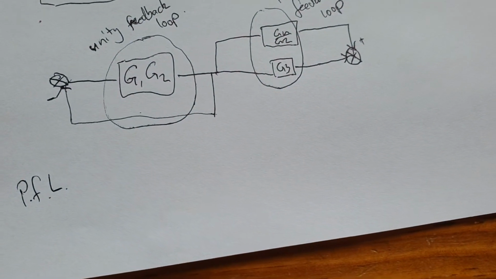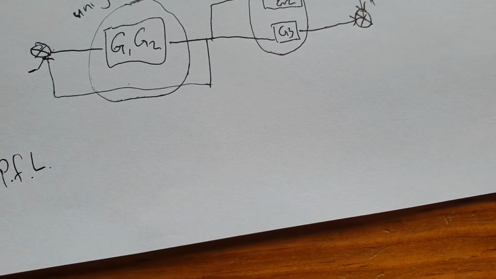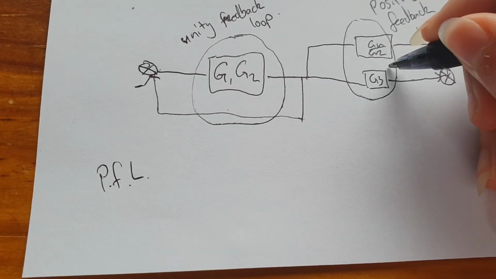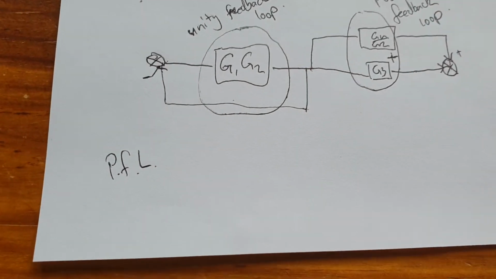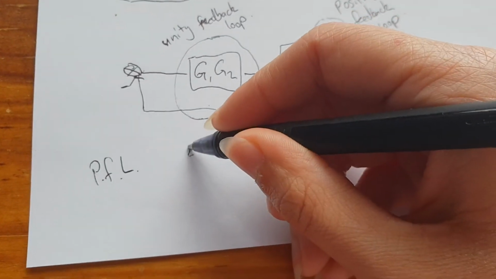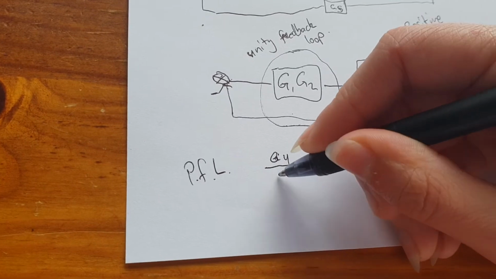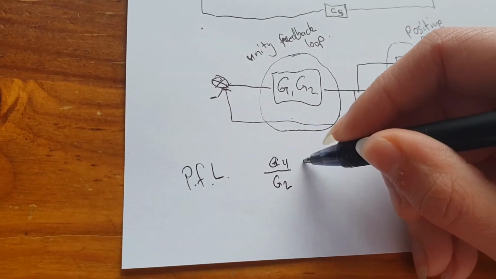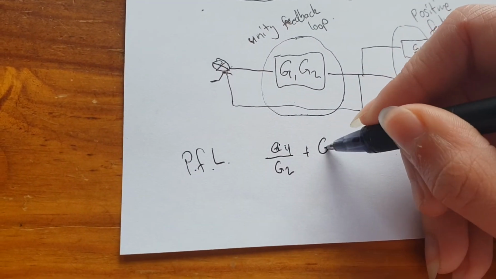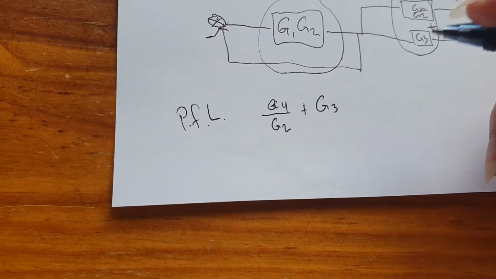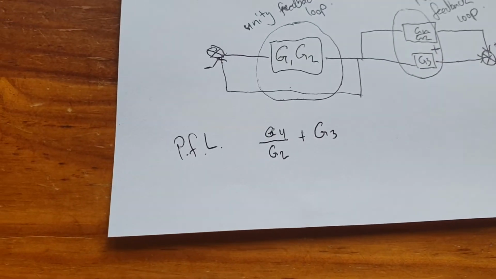The way that this works is, it's very simple. Just add them together. So we have G4 over G2 plus G3. Let's simplify this so it's a bit easier to compute with later.